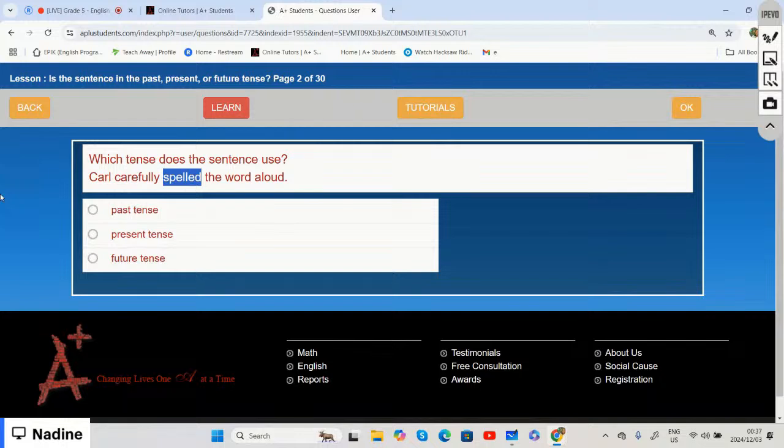Which one is correct? So spelled, look at that word spelled. Is that past tense, present tense, or future tense?